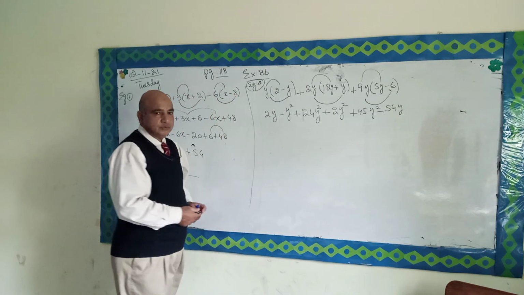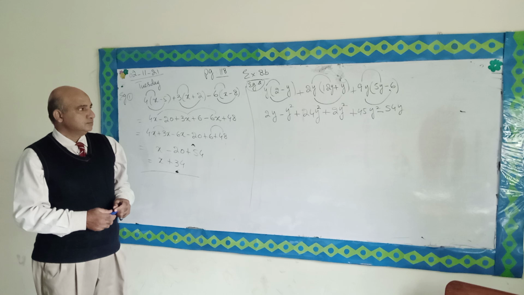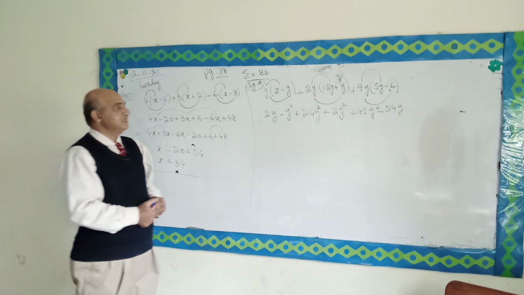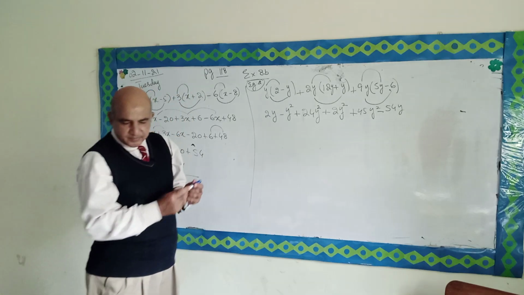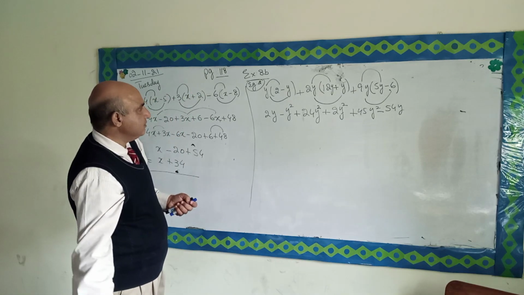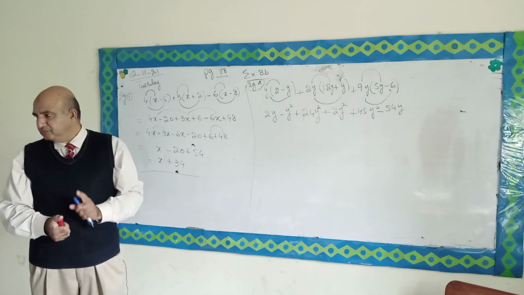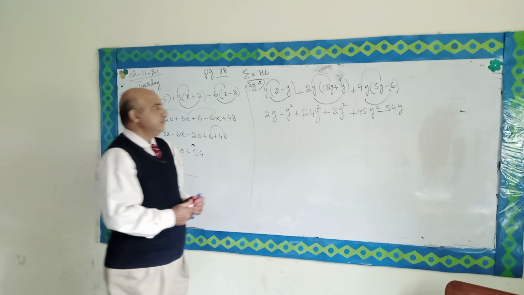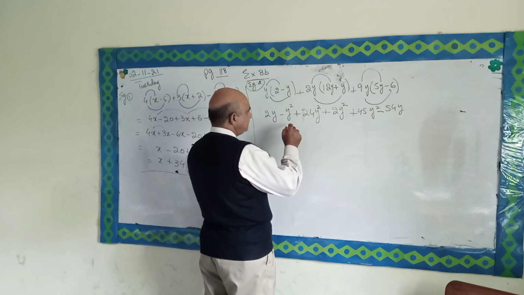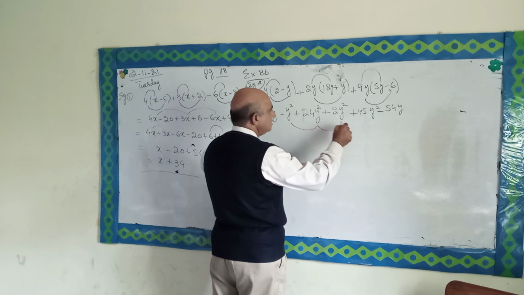Now what we'll do? Anyone can tell me what we'll do now? We will put them in sequence. Yes, in the sequence, look here the numbers with the y power 2, we write them separately, and then the variables with the power 1, we write them separately. First in descending order, we write power 2 first, right?